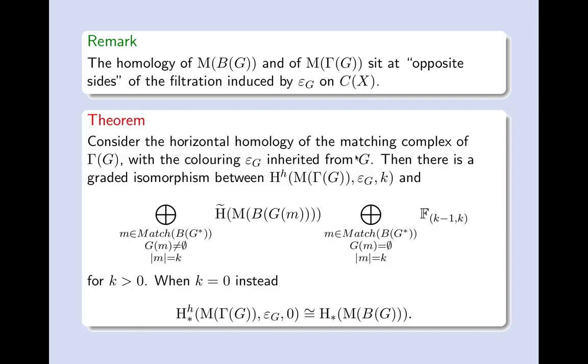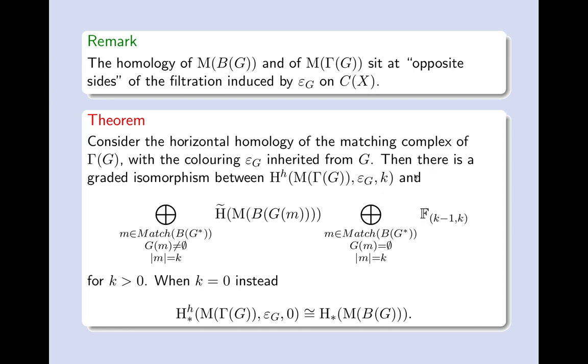Okay, and then we can state this result that basically just tells us that in the case of plane graphs and this construction of the Tait graph, we can actually describe explicitly the horizontal homology of the matching complex in terms of simple pieces somehow. So let's look at the horizontal homology of the matching complex of the Tait graph for a given plane graph G, with the coloring, of course, induced by the colorings of G and G star.